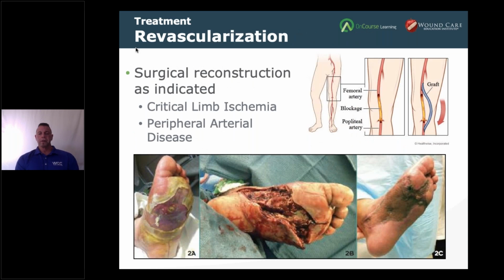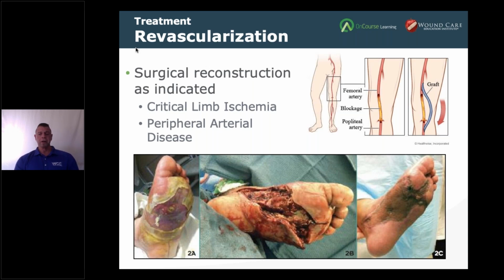Now, if one of the underlying conditions, of course, is blood flow issues, we need to look at what we can do to improve blood flow. Okay, there's a lot of different ways. We have obviously surgical interventions. There's also different meds out there where they may not necessarily need to have surgical reconstruction yet, but we need to increase the microcirculation down in that foot.